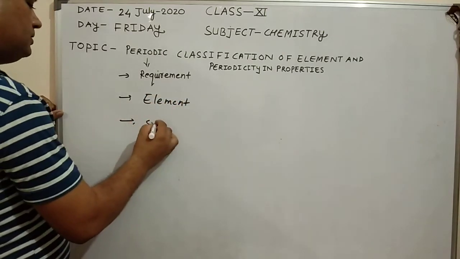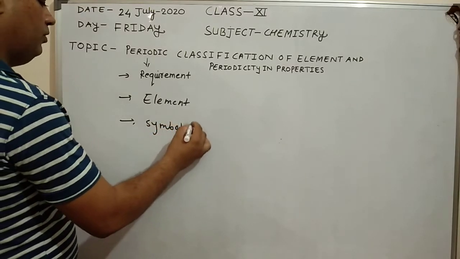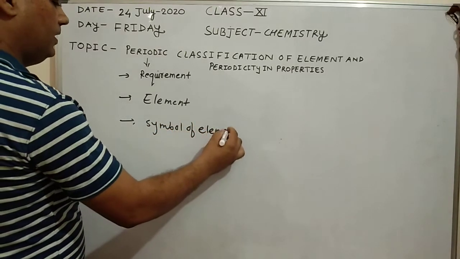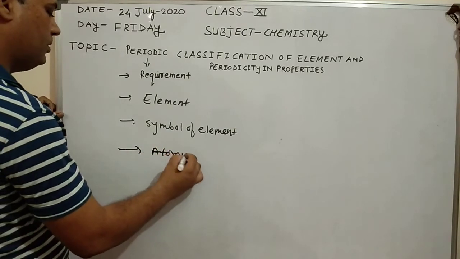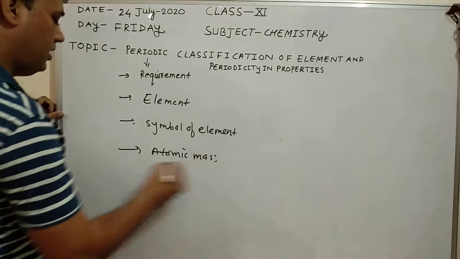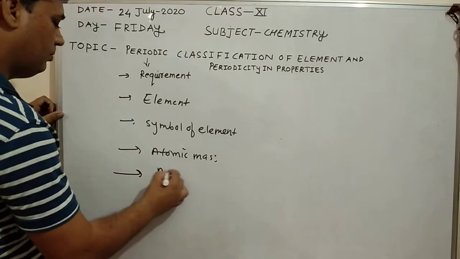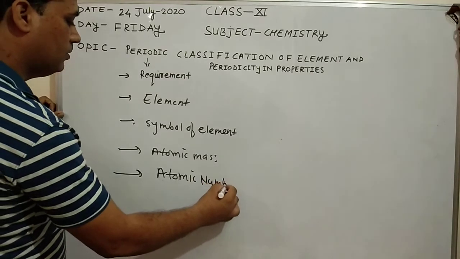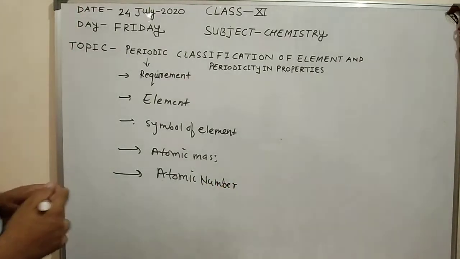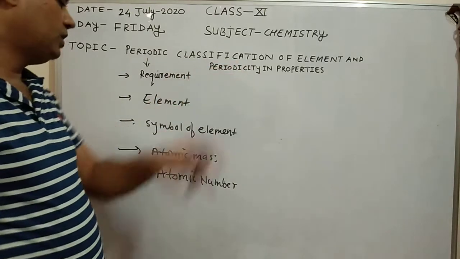The second requirement is symbol of element, the third one is atomic mass, and the fourth one is atomic number. So there are four requirements to study periodic classification of elements.